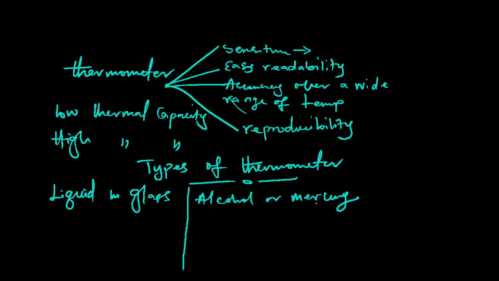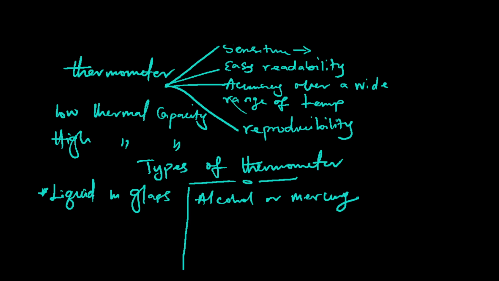If you are using mercury, you call it mercury in glass thermometer. But the name given to either alcohol in glass or mercury in glass thermometer is what we refer to as liquid in glass thermometer.